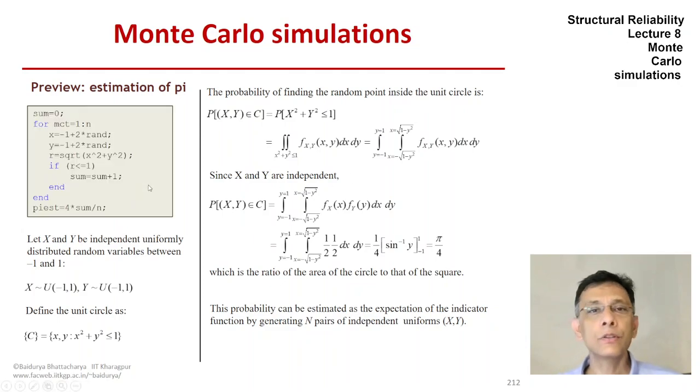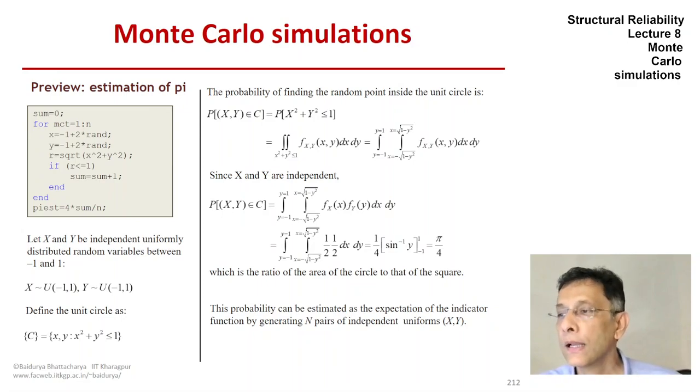So here is the code, and it's very simple. There is a loop where the index MCT goes from 1 through n, and for each trial, we generate one x coordinate uniformly between -1 and +1. The command rand is the MATLAB command for the standard uniform deviate.